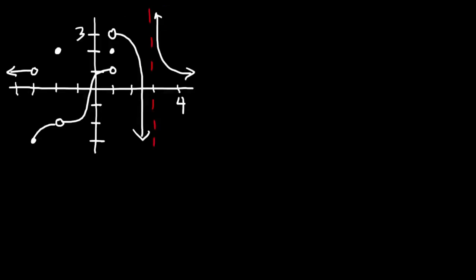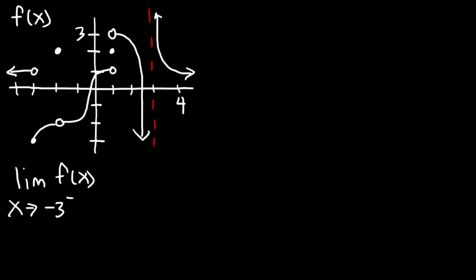Now let's talk about how to evaluate limits graphically. So let's say if we want to calculate the limit as x approaches negative 3 from the left side. And let's say this graph represents the function f of x. So what can we do? So to evaluate the limit, you're looking for the y value.